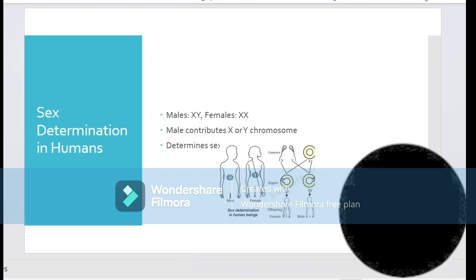So there are equal chances, that is 50% chance of the gender of the child being a boy, 50% chances that the gender of that child will be a female. I mean, it will be a girl child. So there are equal chances.